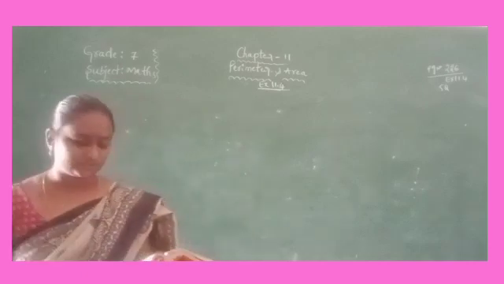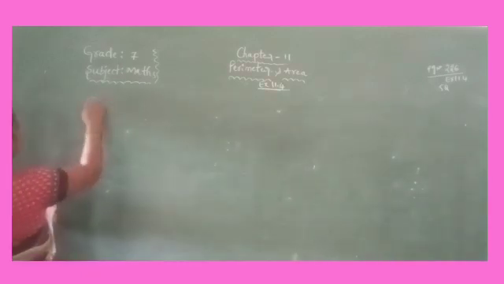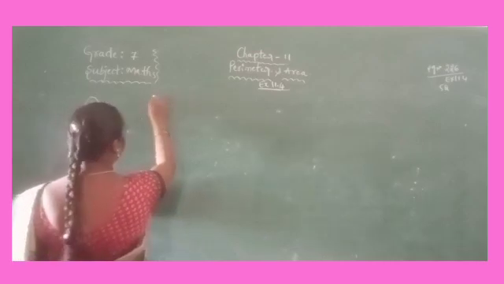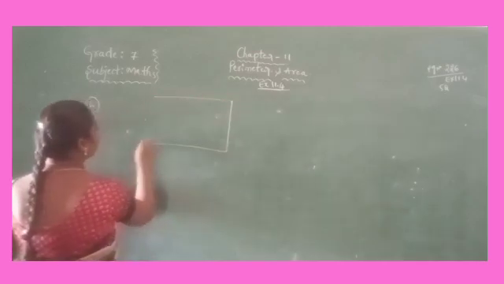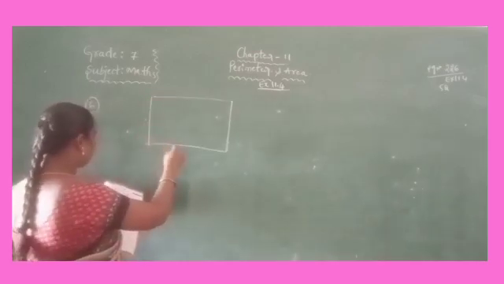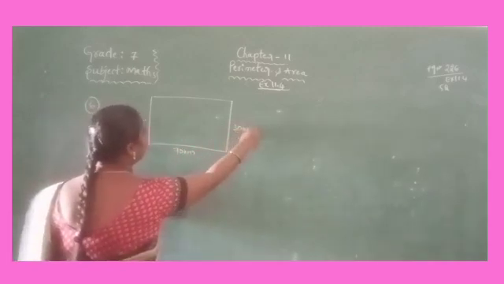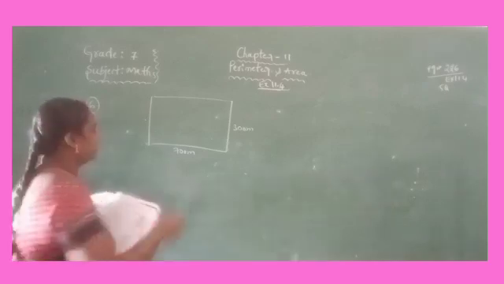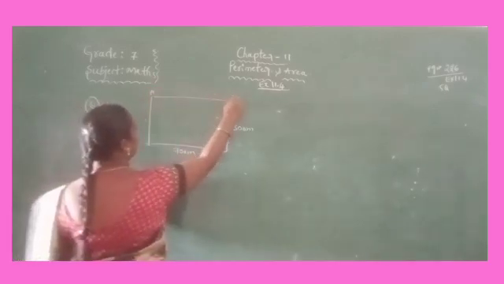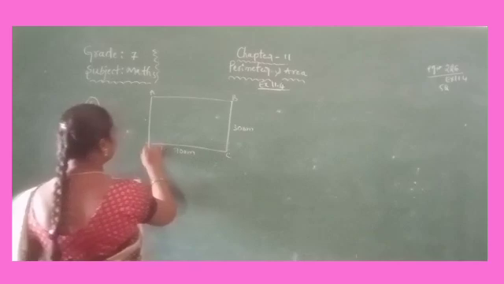Now, in the sixth question, see the rectangular park with length 700 meters and breadth 300 meters. Give the name of this rectangular park, A, B, C, D.